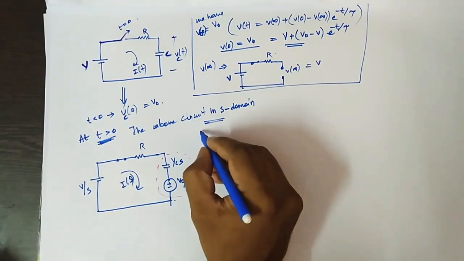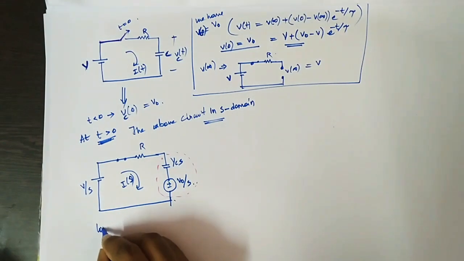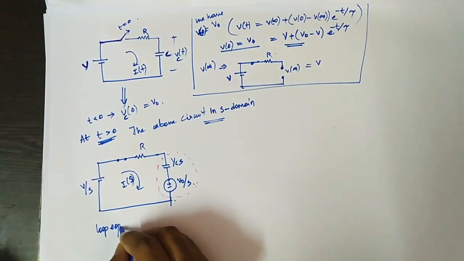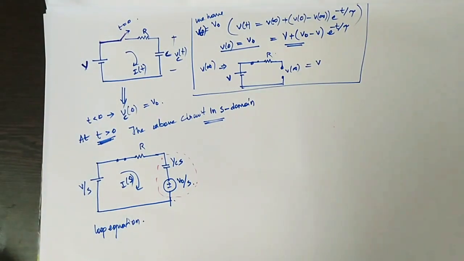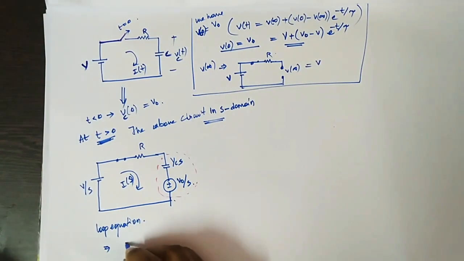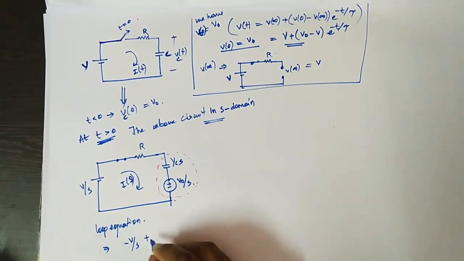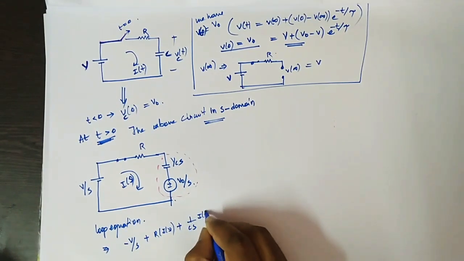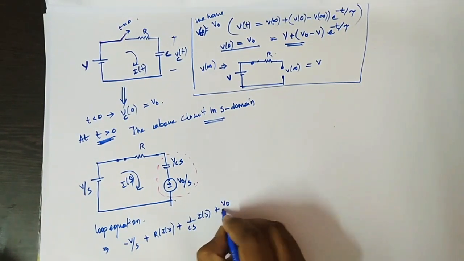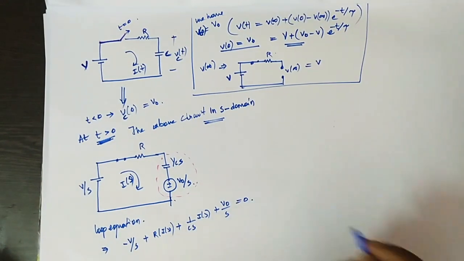By the loop equation, minus V by s plus R into I of s plus 1 by Cs into I of s plus V naught by s equal to 0.